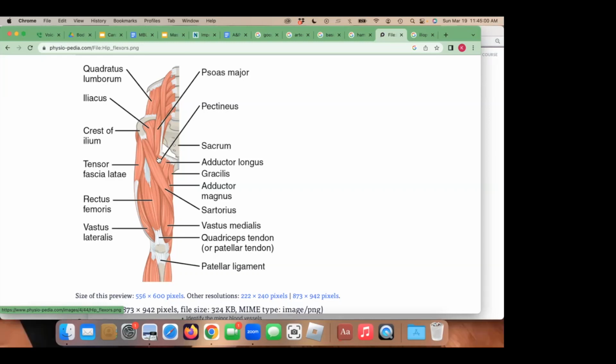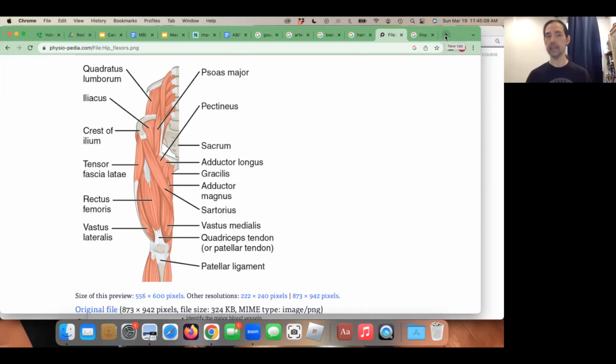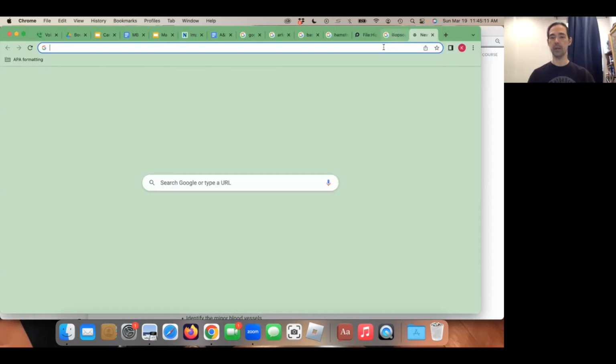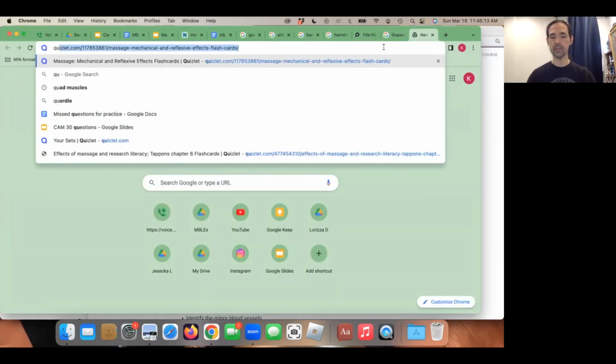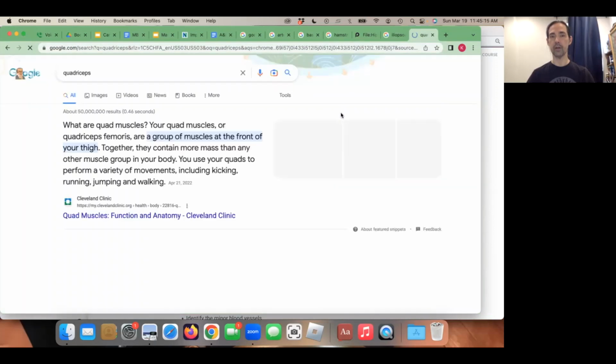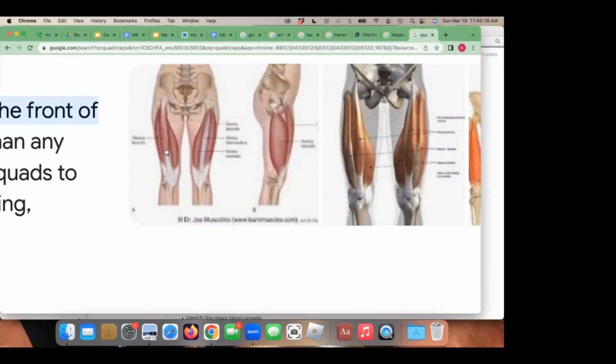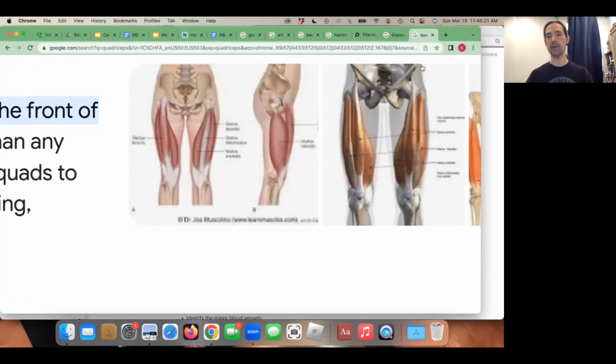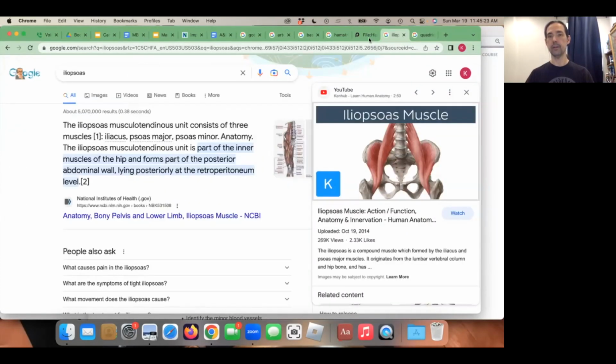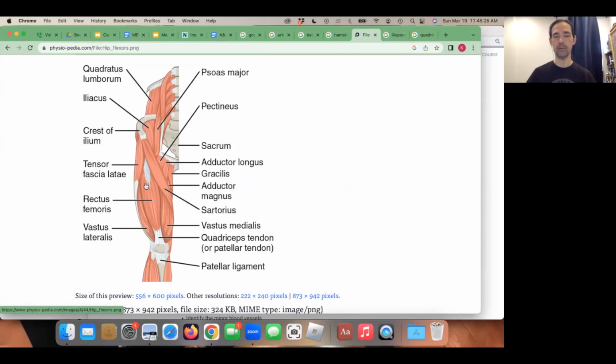Tensor fascia lata, yes. But a broad statement would be something like the quadriceps. Quadriceps muscles, right? And the quadriceps are made up of rectus femoris.